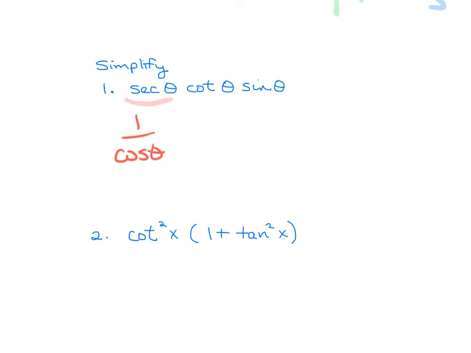What's the quotient identity for cotangent? So it's going to be cosine over sine. Now, for the sine, I'm going to leave it alone because I'm trying to make things become something that's similar that's in the bottom of my fraction so I can cancel.